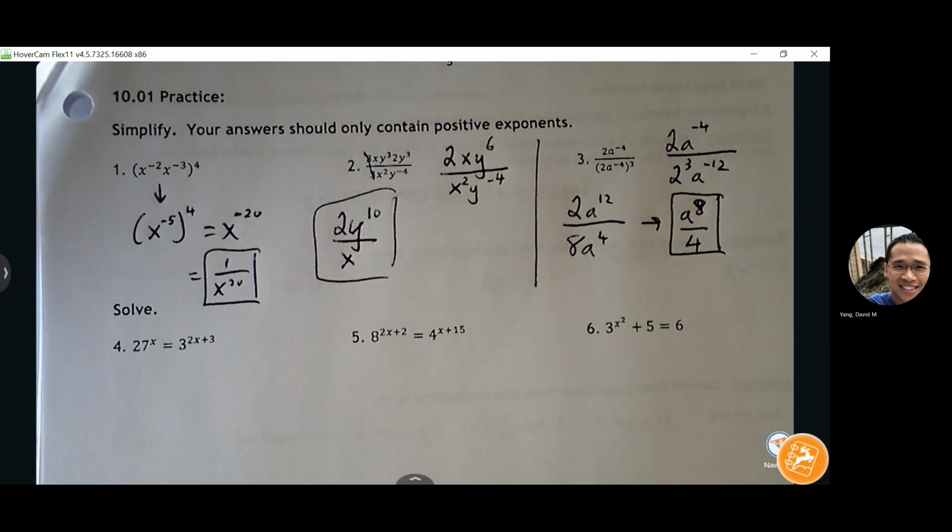No calculator. You can leave your answer and simplify without a calculator, but yeah, this has been no calculator.